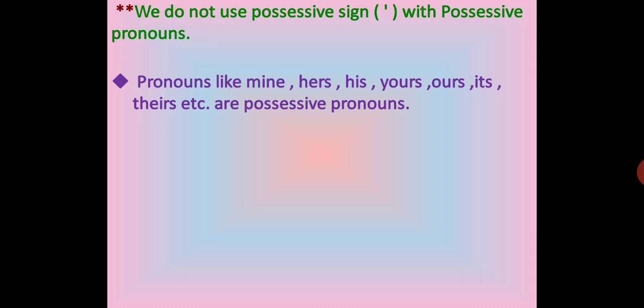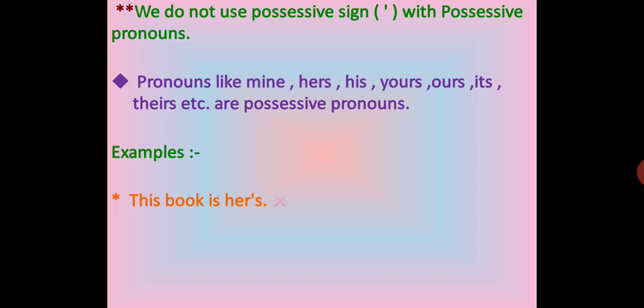are possessive pronouns. In these possessive pronouns, we cannot use apostrophe s. Let's see the example. This book is her's. Here we use apostrophe s with her.